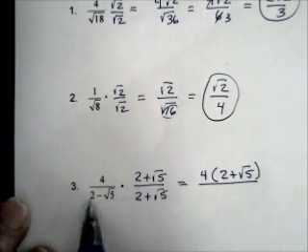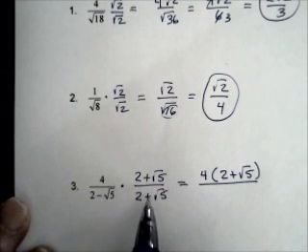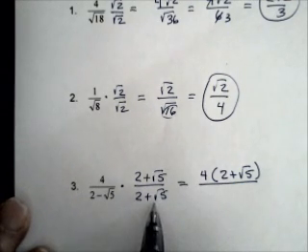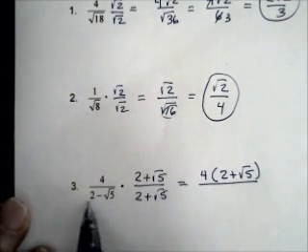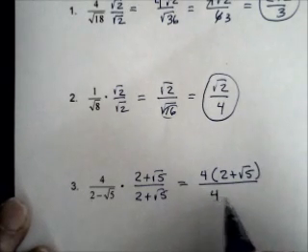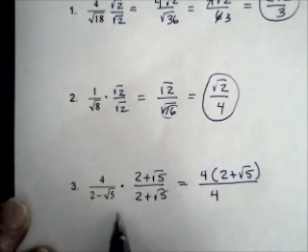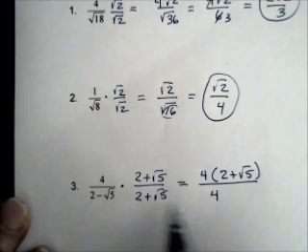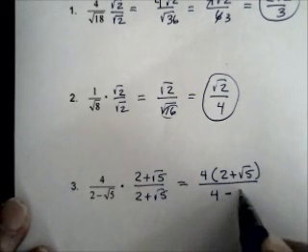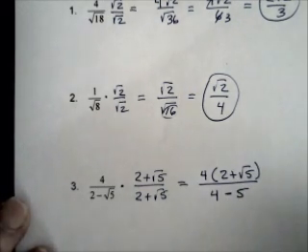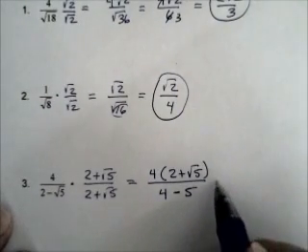When we FOIL or multiply these denominators, since they're conjugates, the end result is going to be the product of the first terms. 2 times 2 is 4. And then the product of the last. Negative square root of 5 times positive square root of 5 is minus 5. So 4 minus 5 equals negative 1.